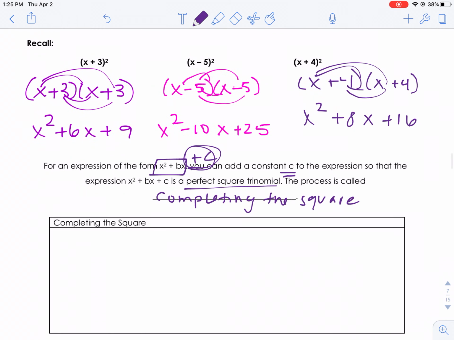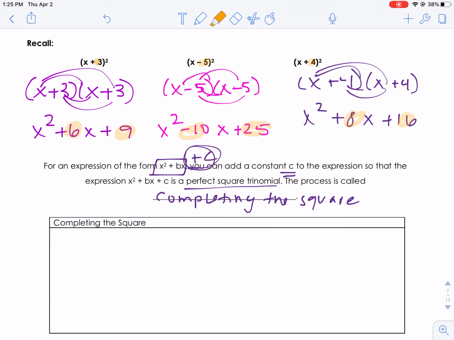All right, so when we look at some of the patterns, what we'll notice is the relationship between the number in our binomial, in this case a positive 3 and these two numbers, or a negative 5 and these two numbers, or a positive 4 and these two numbers.